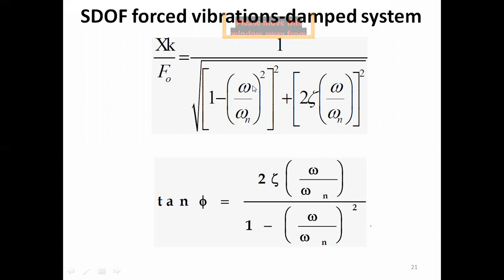So this has no unit, this has no unit. So this side of the equation is completely unitless. If you look at the other side of the equation, this is the displacement and this is the stiffness. Stiffness times displacement is force. F is equal to kx. So this is the force.